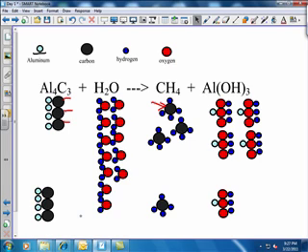That way I won't get confused. Now, just to double check, there are 12 oxygens there.